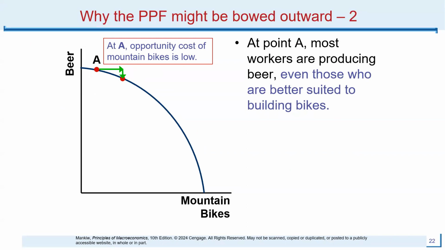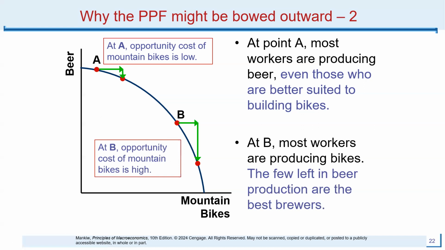At point A, the opportunity cost of mountain bikes is low. If you want to get more units of the mountain bike, you only need to sacrifice a very small amount of production of beer. You can see that the reduction of the production of beer is relatively small, right?